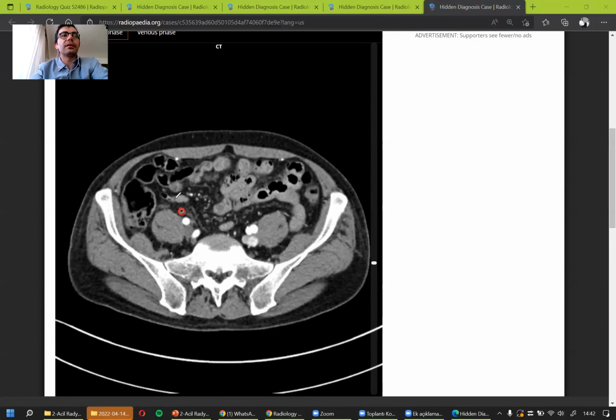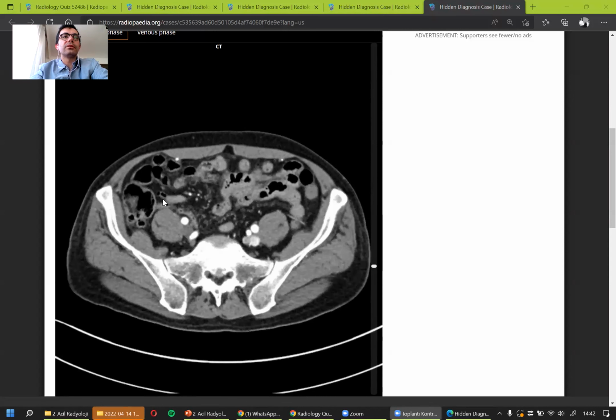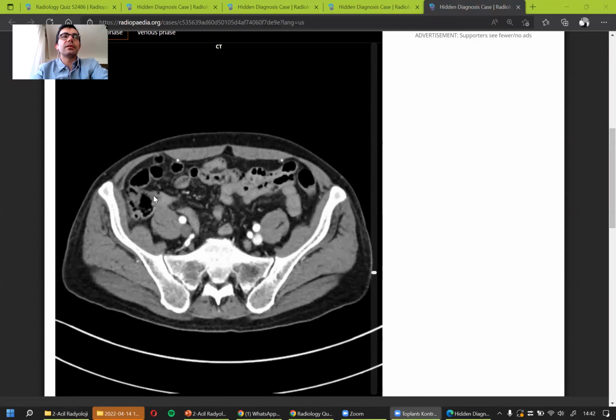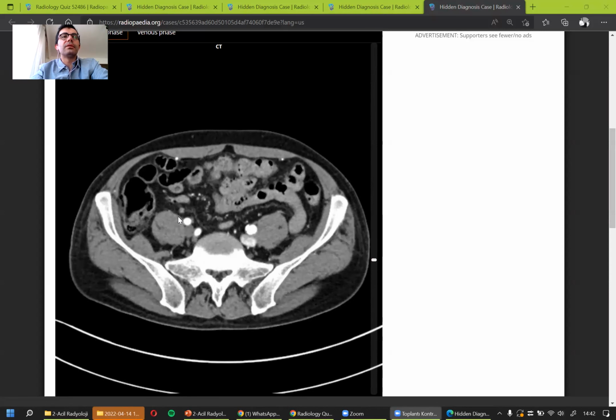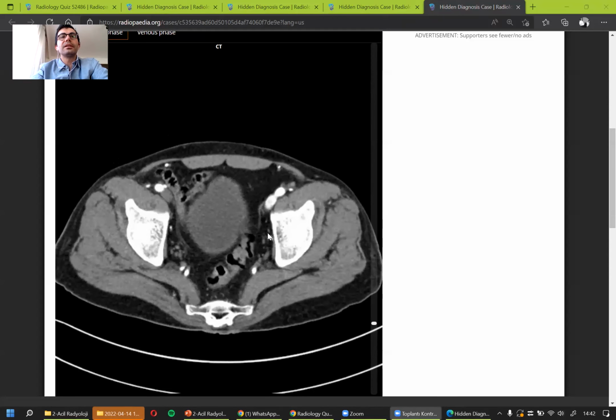It has air inside, and when I follow it around, it goes lateral, it goes a little bit down, and it ends here. When I measure it, it should be smaller than 6 millimeters. This is definitely smaller than 6 millimeters. So this is a normal appendix case.